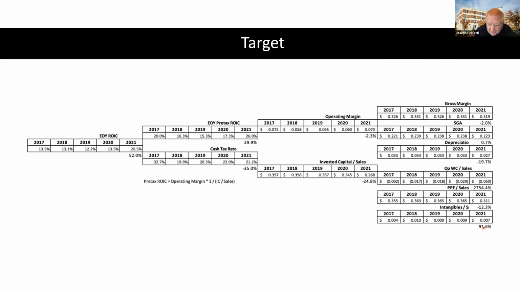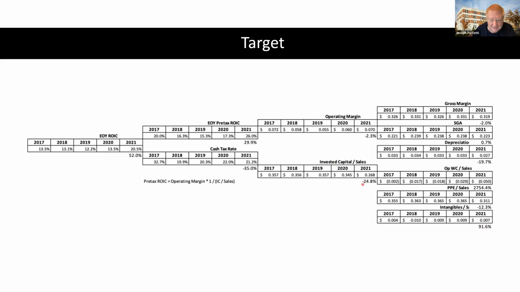So summarizing right to left, we can see primarily the drop in gross margin from 32.6 to 31.9 led to the drop in the operating margin from 7.2 to 7, and a combination of improvement in working capital and store productivity of PP&E led to the drop in the invested capital to sales, 35.7 to 26.8.